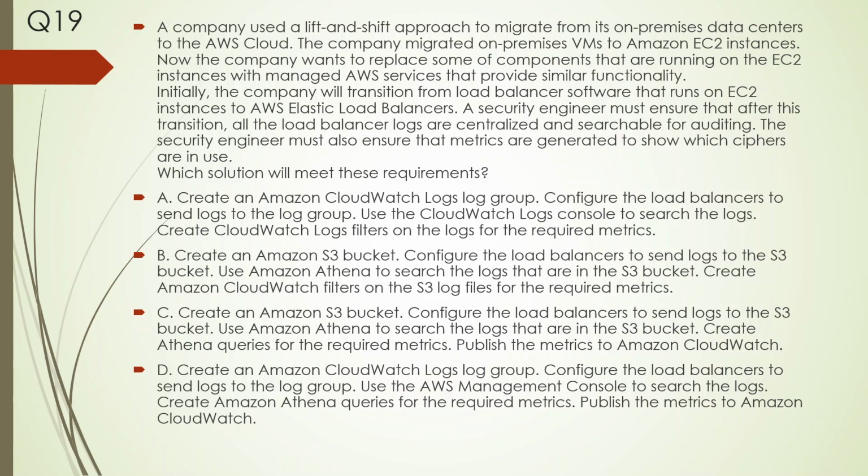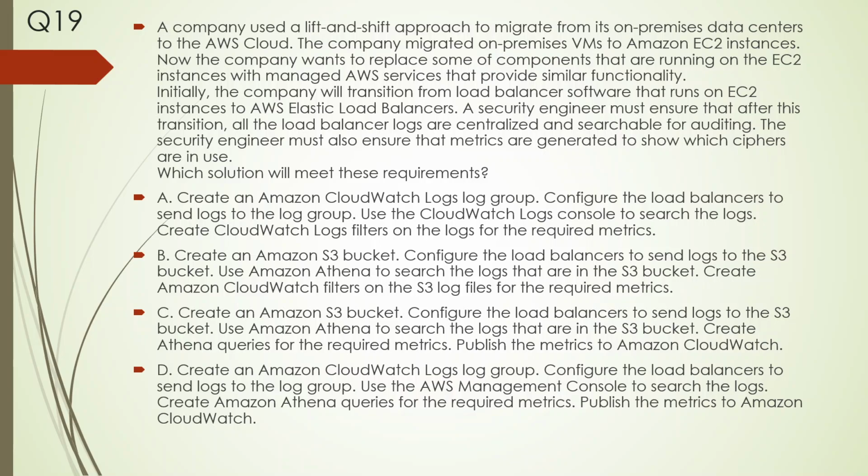Initially, the company will transition from load balancer software that runs on EC2 instances to AWS Elastic Load Balancer. A security engineer must ensure that after this transition, all load balancer logs are centralized and searchable for auditing. The security engineer must also ensure that metrics are generated to show which ciphers are in use. Which solution will meet these requirements?